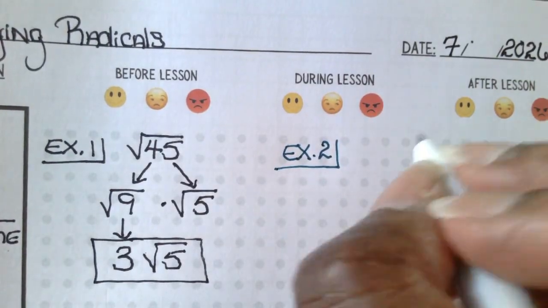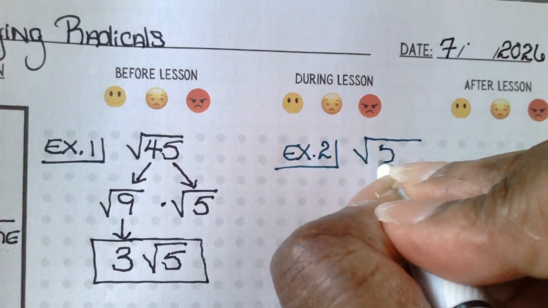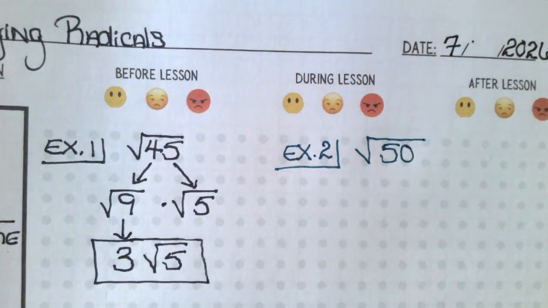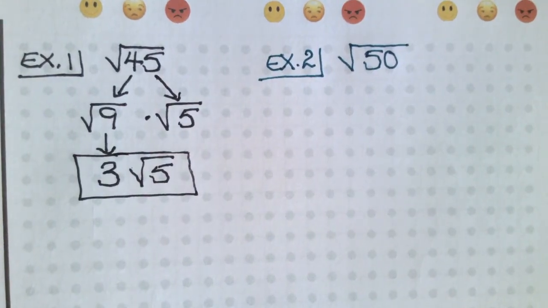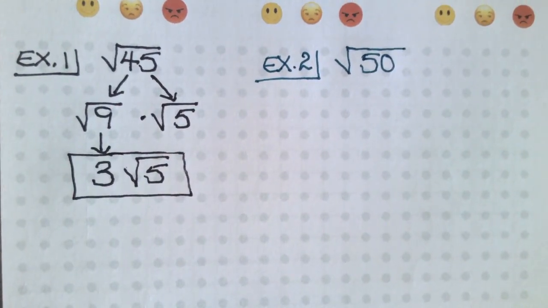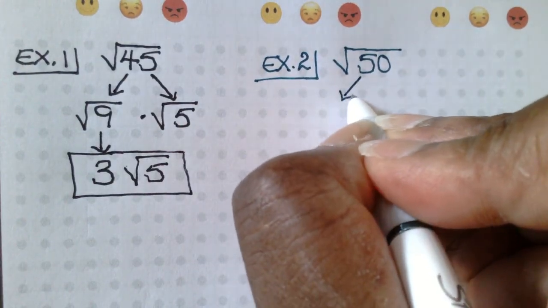Okay, so we can go another simpler one. We'll go with square root of 50. Now, with the square root of 50, we are looking for a perfect prime combination.